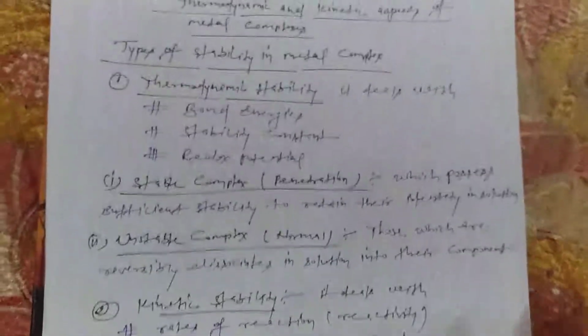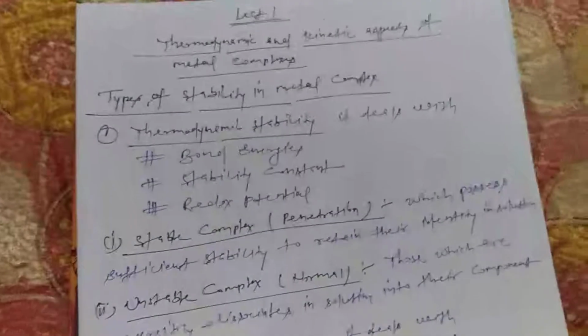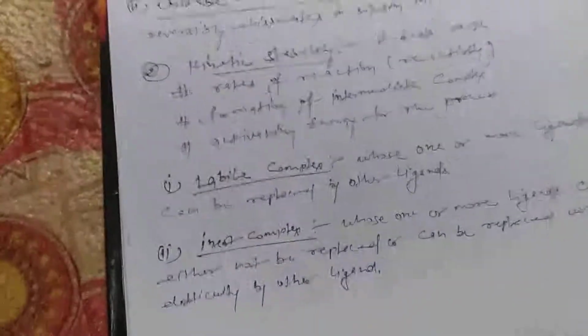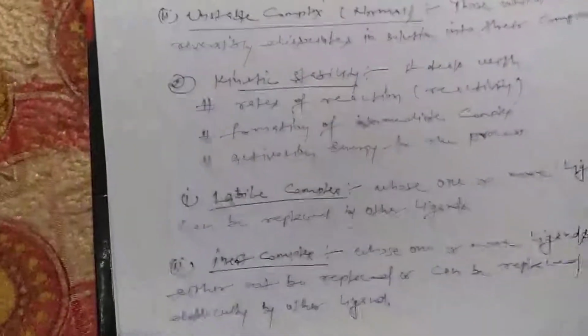Now moving ahead, this is the first page. When we are talking about the association or dissociation of a complex, that means formation and dissociation of the complex, generally we are talking about the stability of a complex ion in solution.